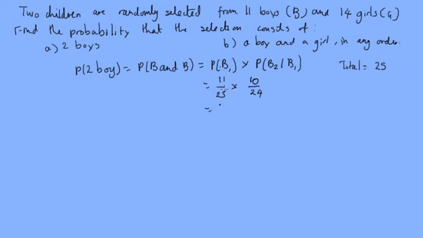I'll multiply these out and then simplify down. We'll get 11 over 60.